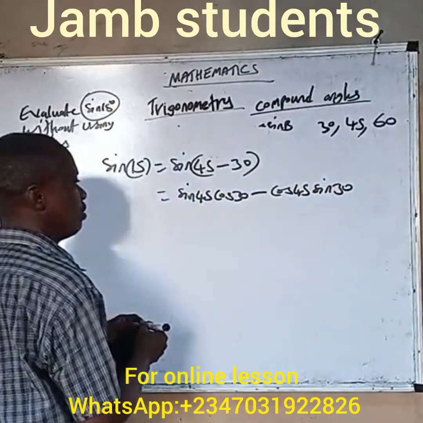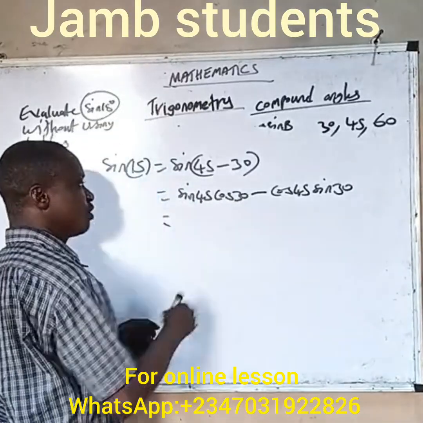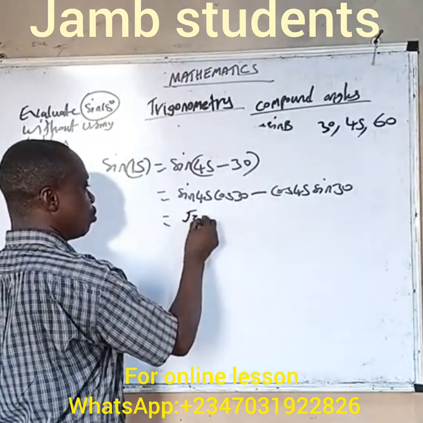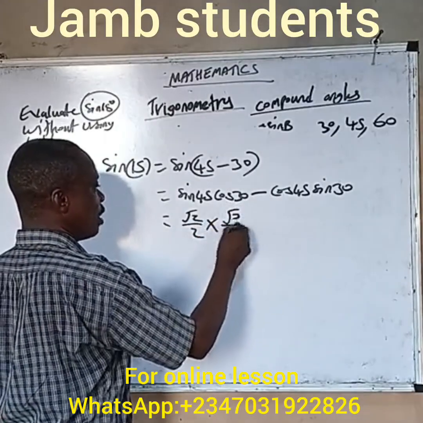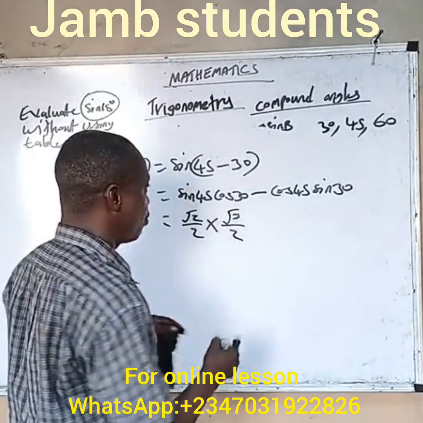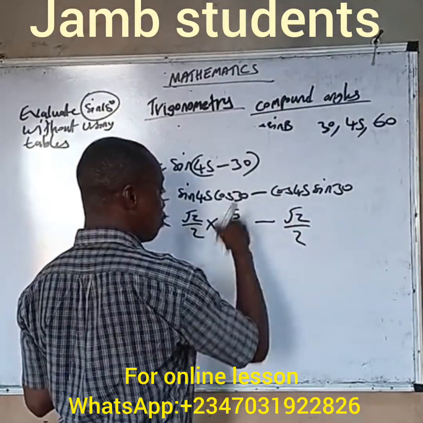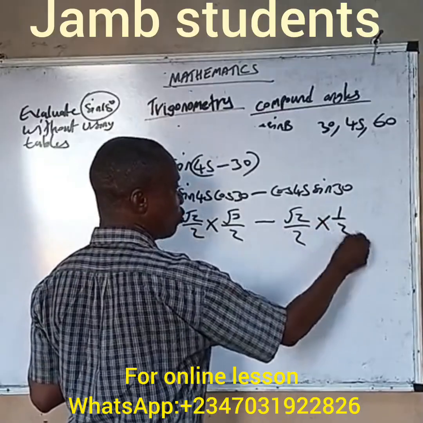That's what we just said. Then you fix in the special angle values. Sine 45 is root 2 over 2 times cos 30, which is root 3 over 2. You have to know that, we have proved them before. Then minus cos 45, which is also root 2 over 2, or 1 over root 2, times sine 30, which is 1 over 2.